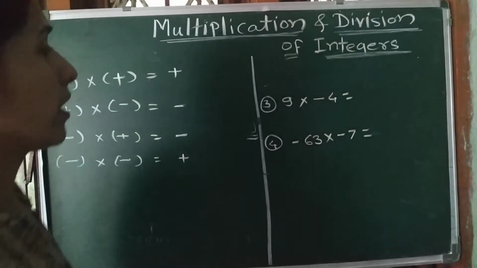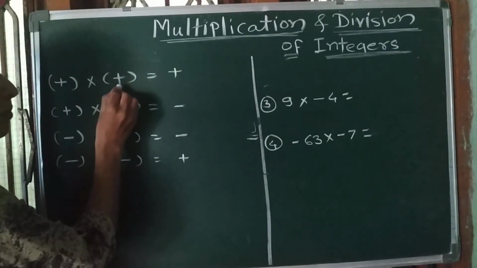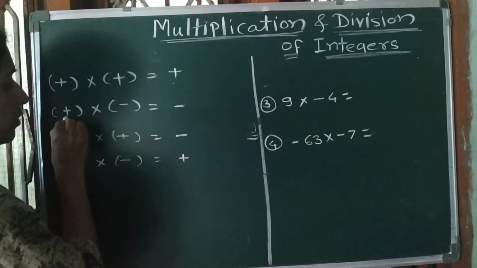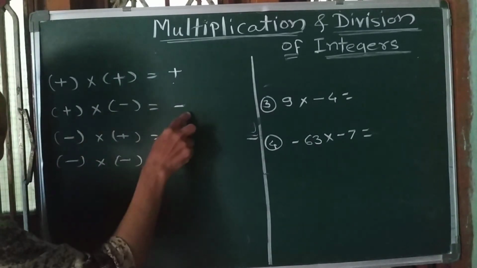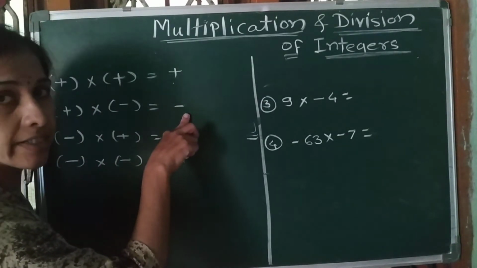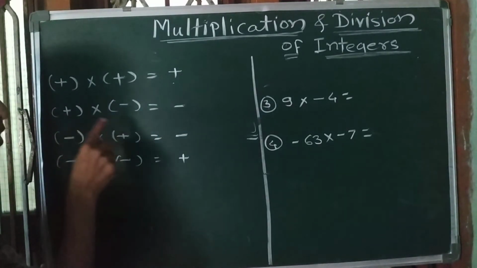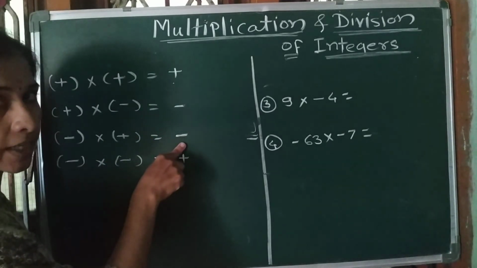Before that, we should know about the sign. If you multiply a positive number with a positive number, the answer will be positive. If you multiply a positive number with a negative number, your answer will get the negative sign. If you multiply a negative number with a positive number, your answer will get the negative sign.